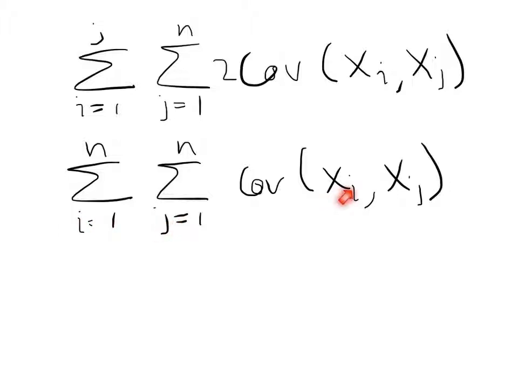You take x2 covariance with each of the others, j equals 1 up to n, which adds in all the other terms, including that one variance term, including j equals 2, which would be cov x2, x2, which is the variance of x2. So in reality, we don't need to take i from 1 to n, we just have to take i up to j and then add in 2 of everything else and let j go from 1 to n.